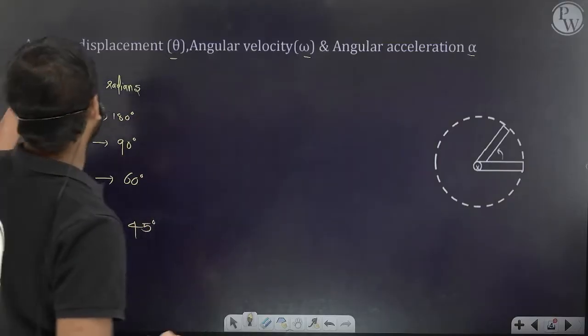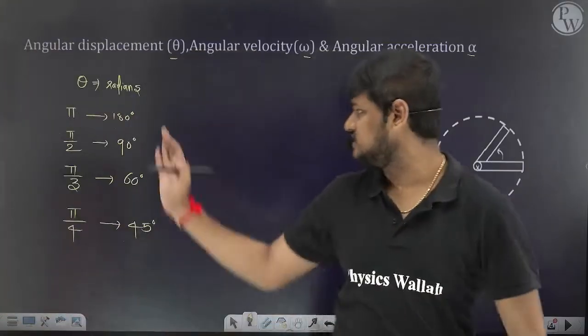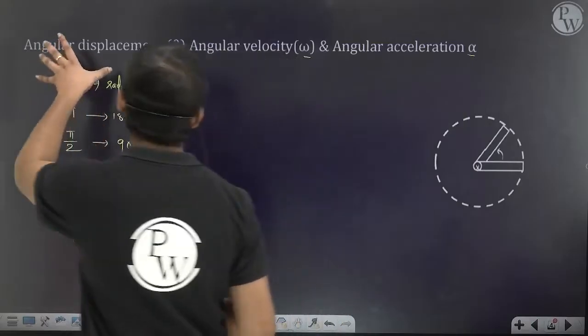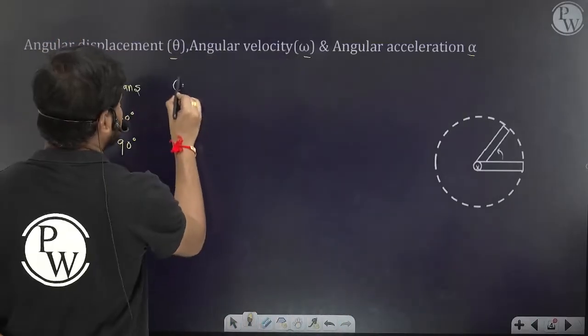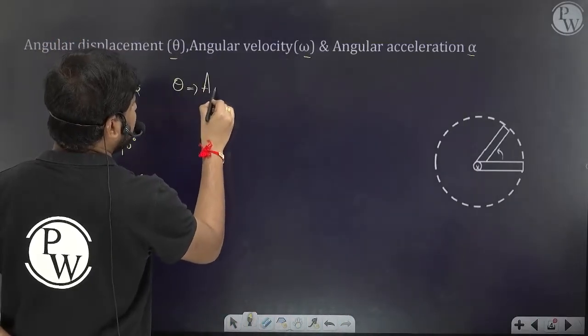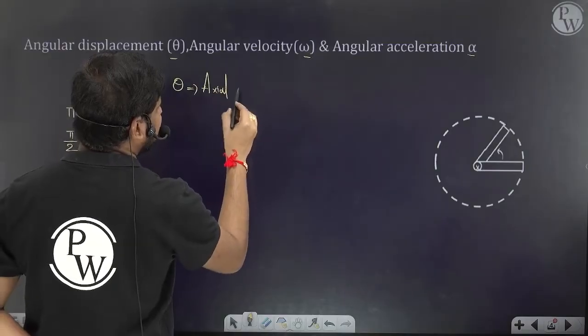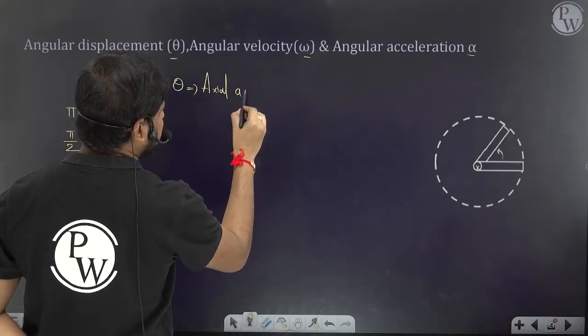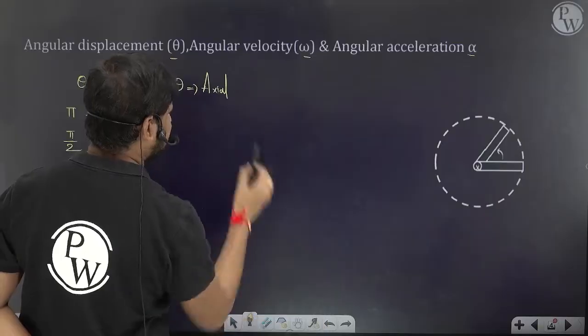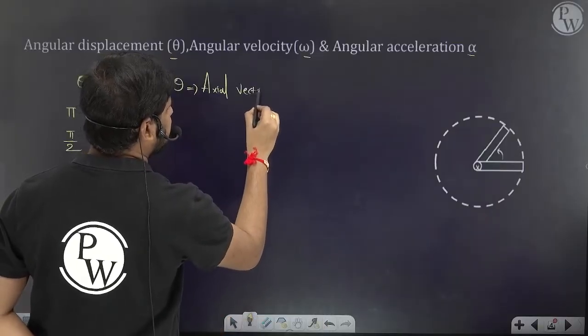Theta is an axial vector, which will be along the axis of rotation. We have already studied about it.